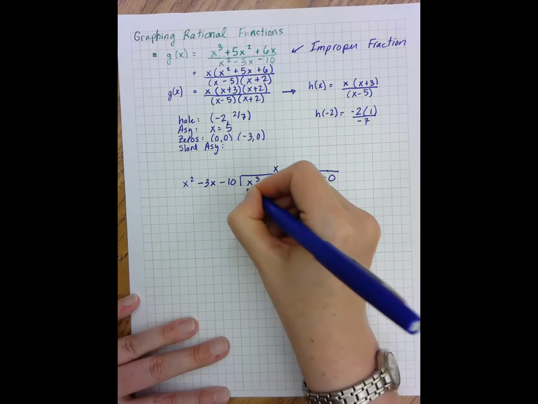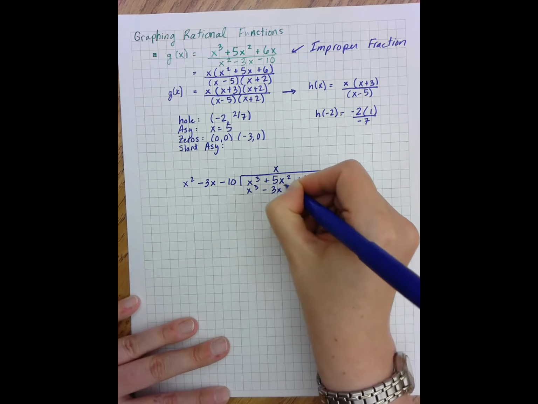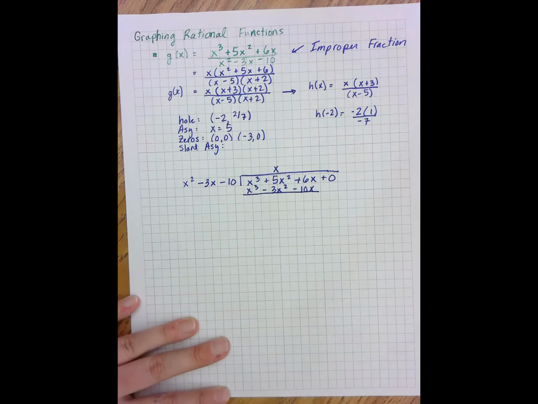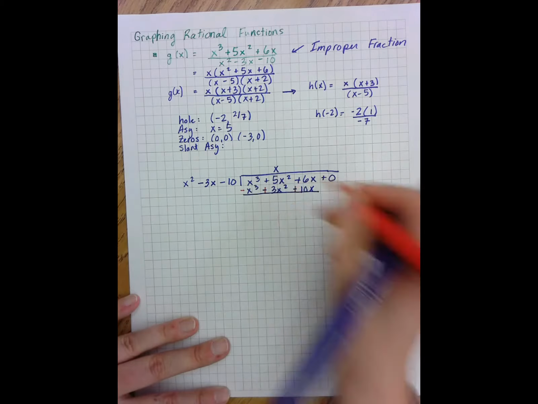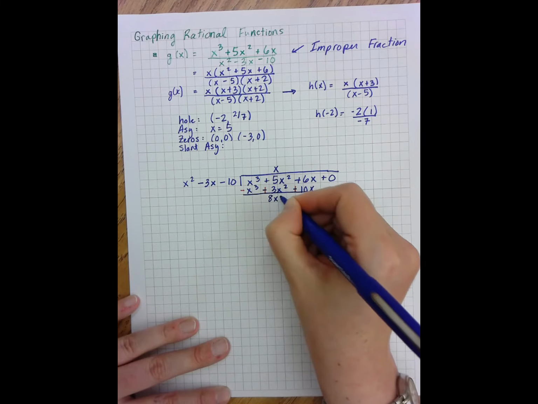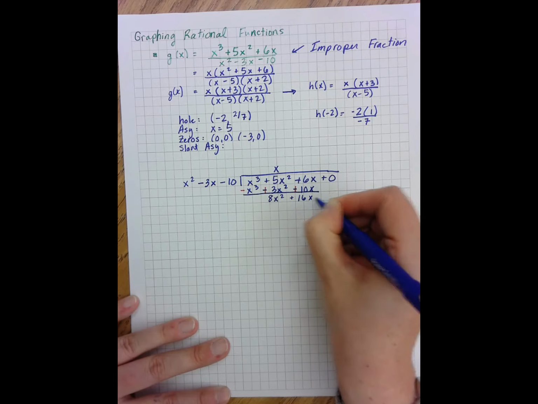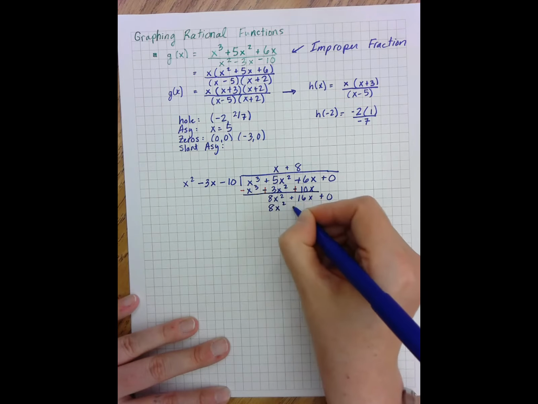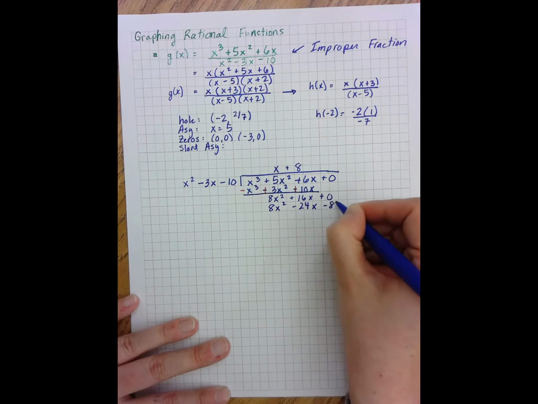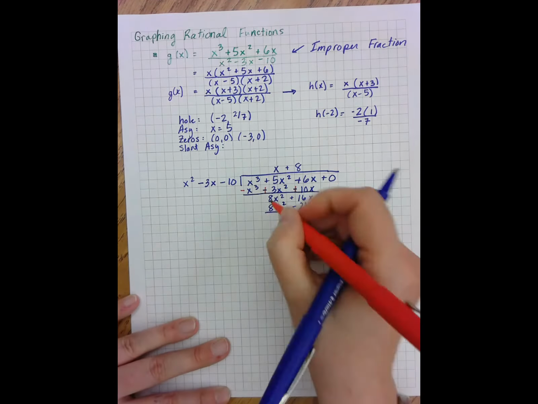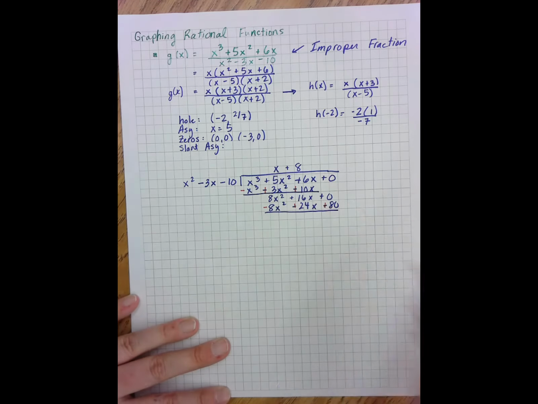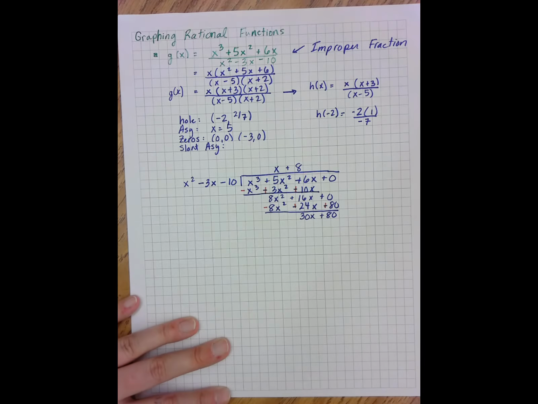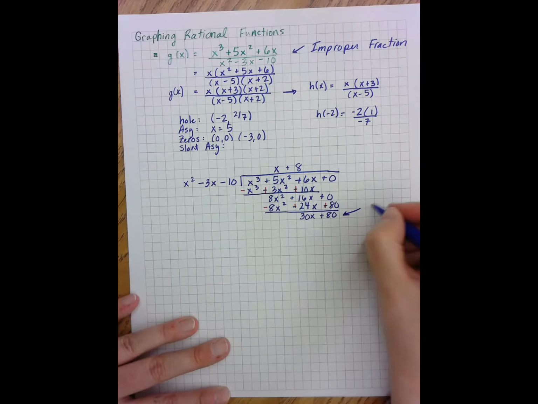So x cubed minus 3x squared minus 10x. Subtract, subtract, subtract: 8x squared plus 16x plus 0. 8x squared minus 24x minus 80. Subtract, subtract, subtract, leaving me 30x plus 80. This is my slant asymptote.